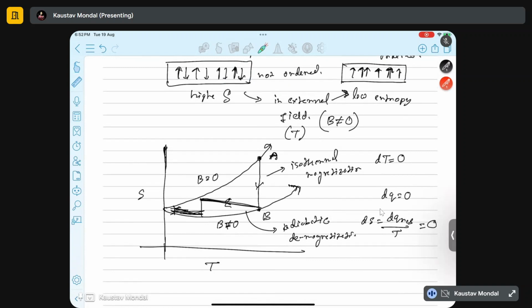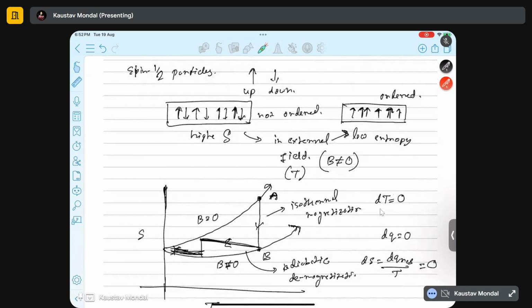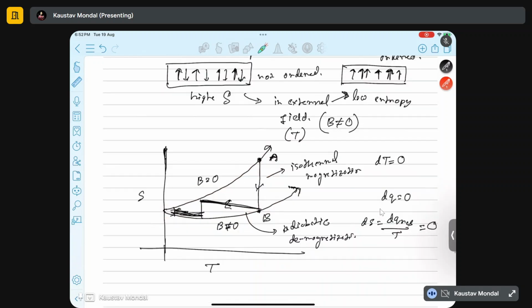So this is basically how the concept of negative temperature comes, and from there we discussed, from an experimental point of view, how we get this kind of negative temperature. We start from the entropy-temperature response of a magnetized and demagnetized system.